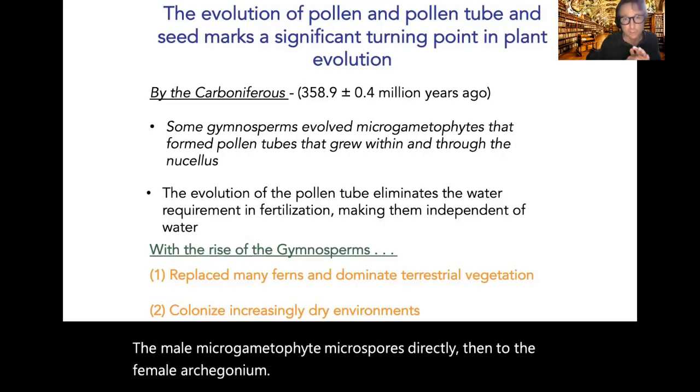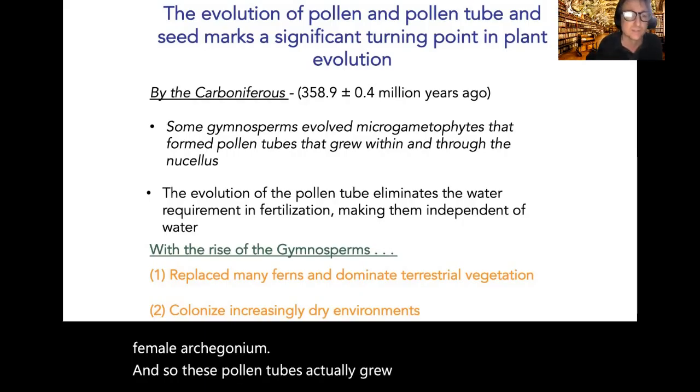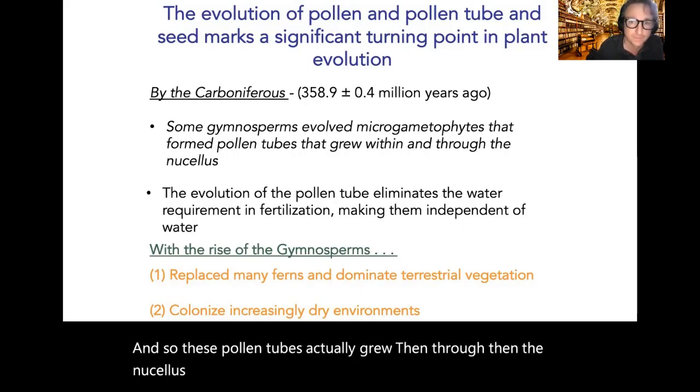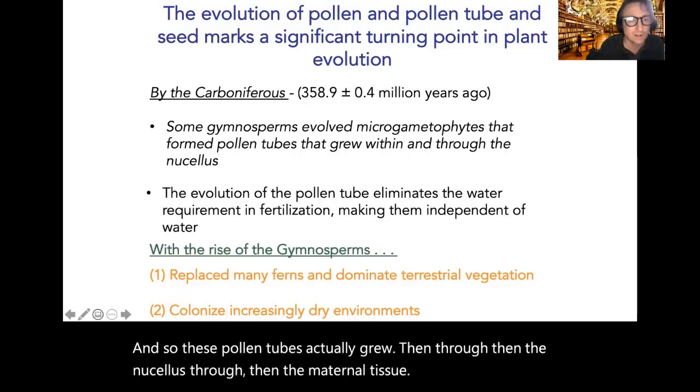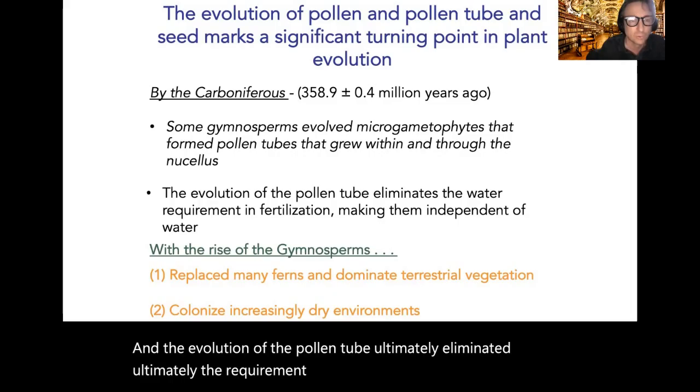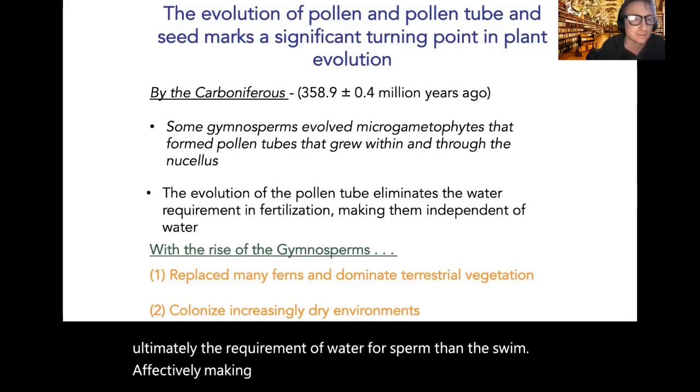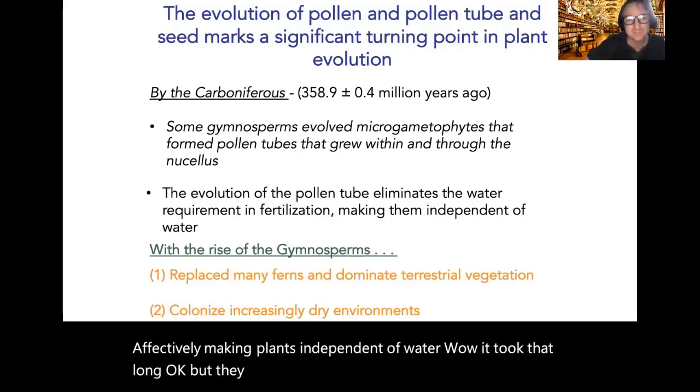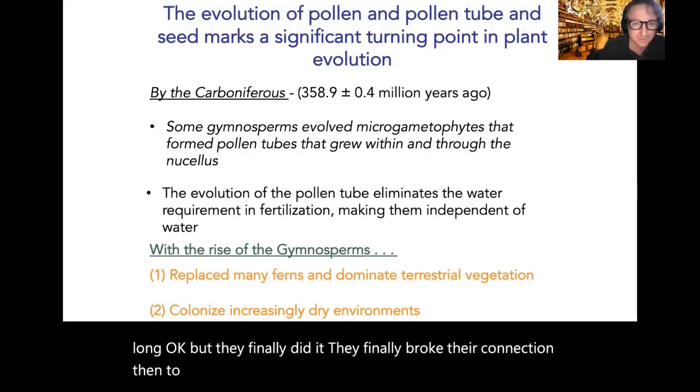These pollen tubes grew through the nucellus, through the maternal tissue. And the evolution of the pollen tube ultimately eliminated the requirement of water for sperm to swim, effectively making plants independent of water. Wow, it took that long, okay, but they finally did it. They finally broke their connection to water and sperm having to swim.